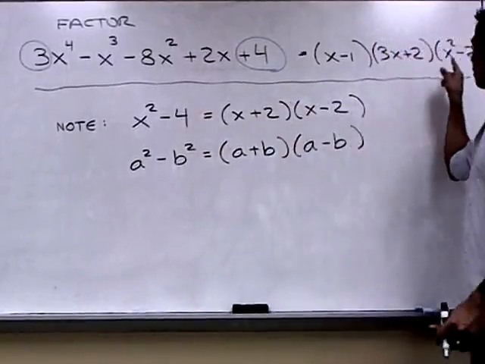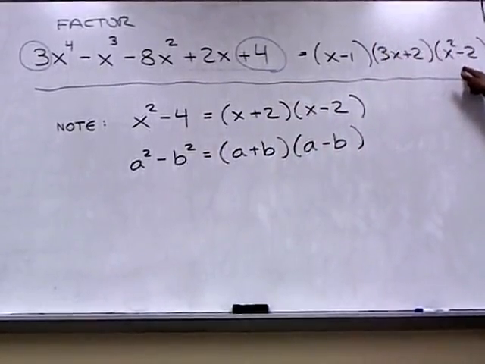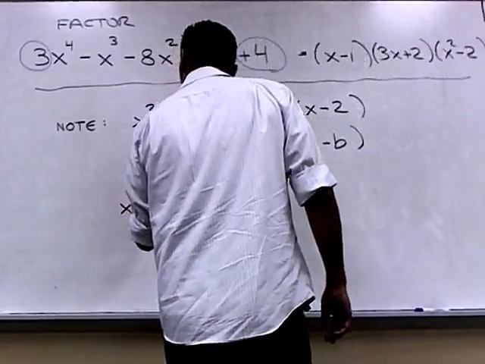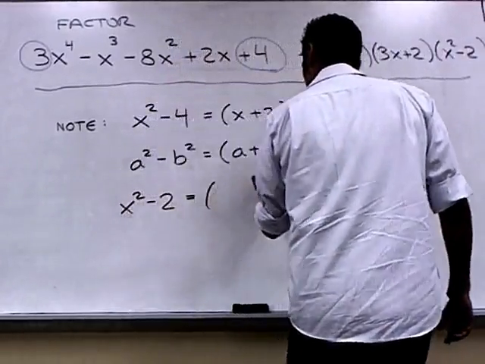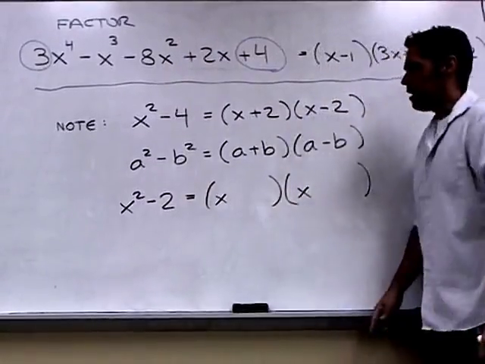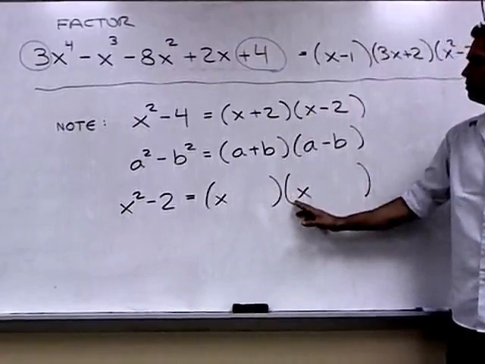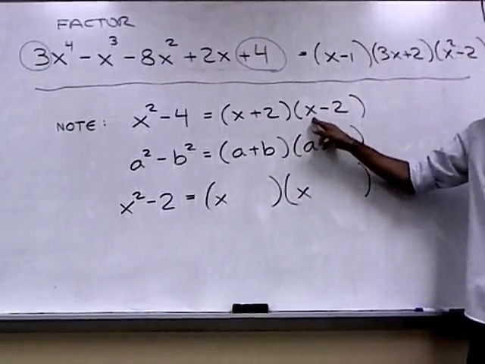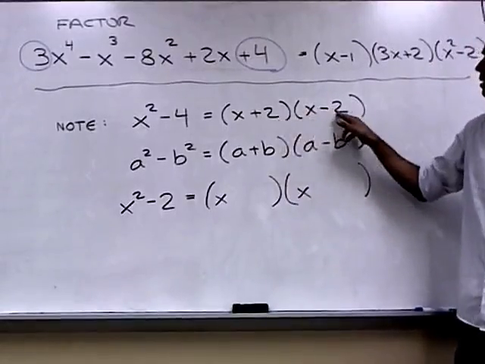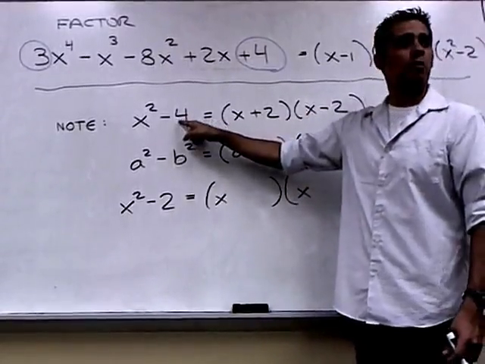But you can actually write this as a difference of squares. Tell me if you believe this or not. x is just like this, x times x, isn't it? Isn't the number here 2, just the square root of 4?